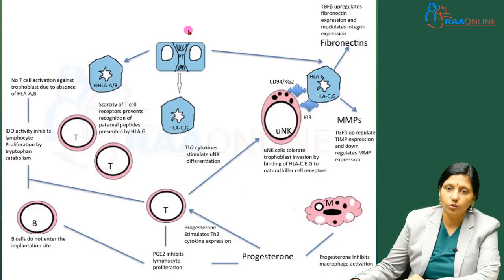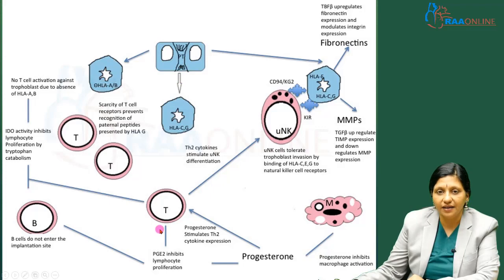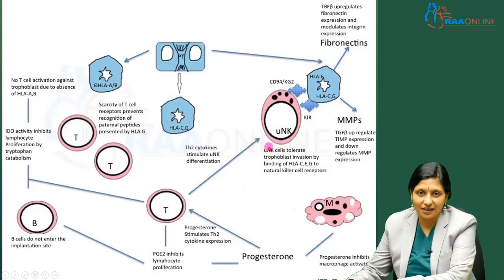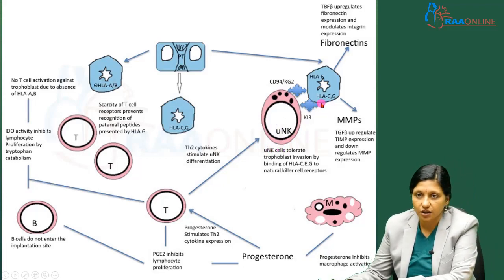Here, blue is the baby and pink is the mother. What we see here is the uterine natural killer cell, and it has been interacting with the trophoblast. The trophoblast does not express HLA-A or B, so there is no interaction with T cells.